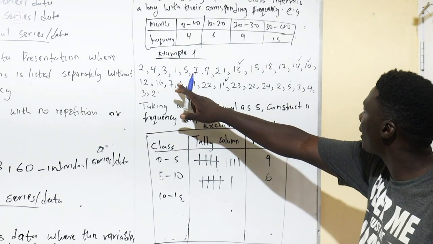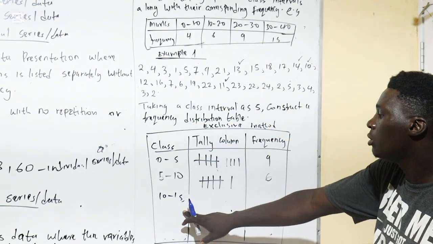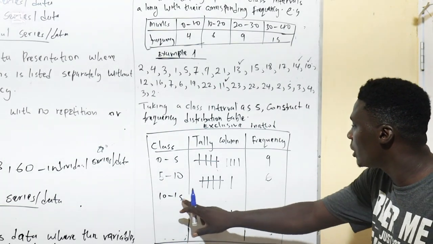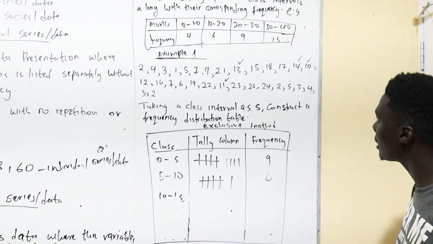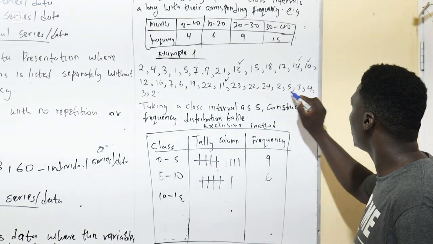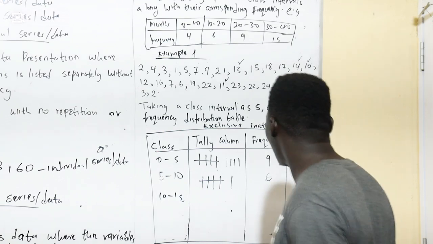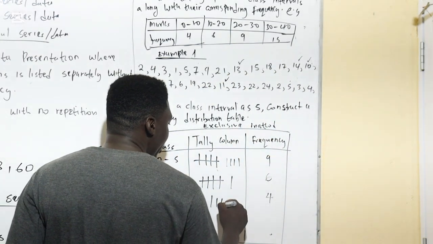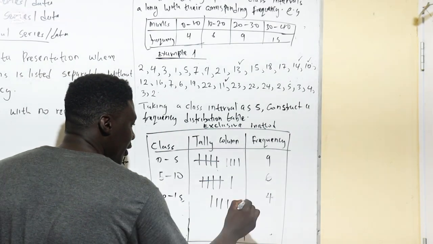There's a 15 here, but we won't count it, we'll count from 10 to 14. The 15 we'll count in the lower class. So that will be 1, 2, 3, 4. So here will be 4, and here 1, 2, 3, 4.